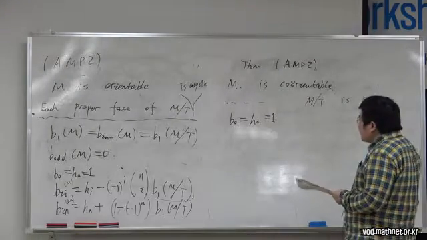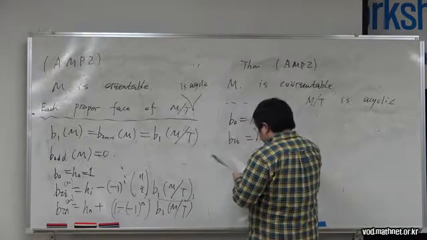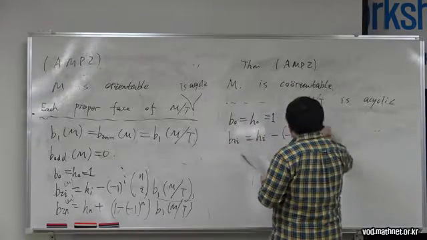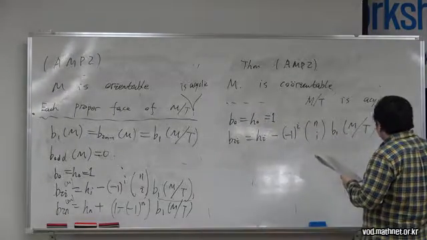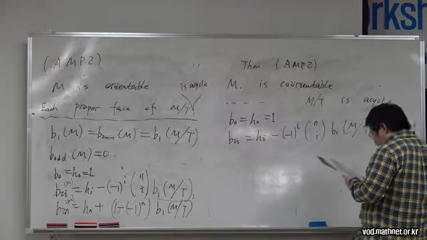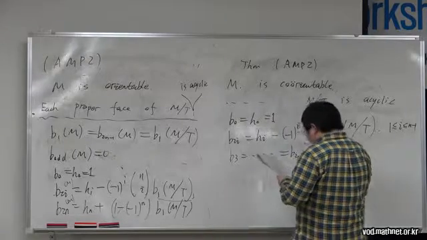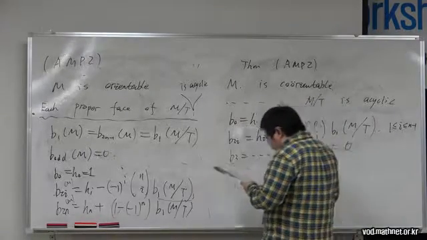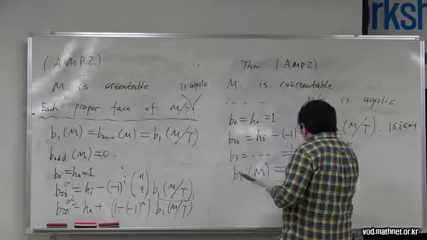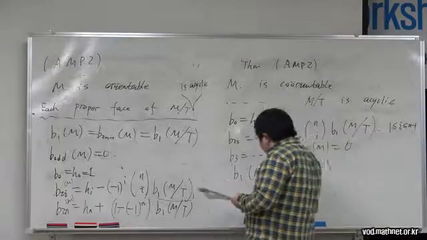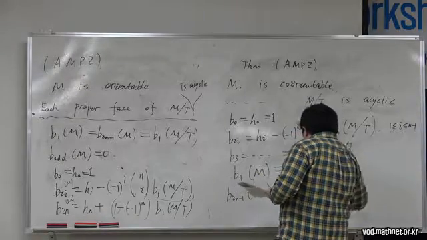This is the same: B2i is also equal to hi minus b1 of M over T, and also B3 equals 0. B1 of M is also equal to B1 of M over T, but the change is B2n minus 1 of M equals b1 of M over T minus 1.